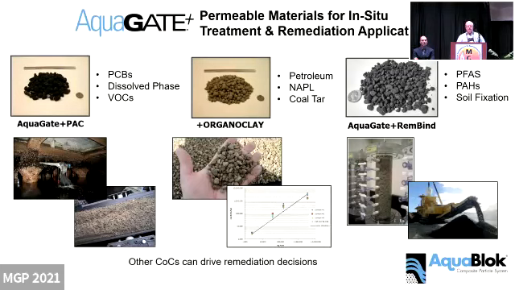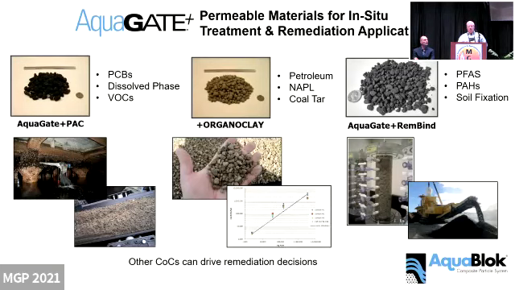The AquaGate materials, on the other hand, are newer, relatively speaking. They consist of a range of different types of usually absorptive materials that are intended to remove contaminants as they flow through the water. And we have different types of materials, always AquaGate plus whatever that particular absorptive material is that you're trying to implement.